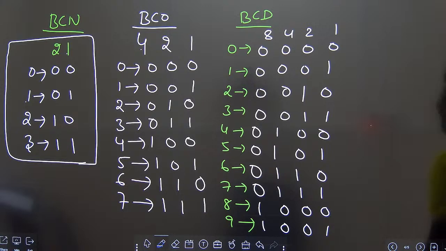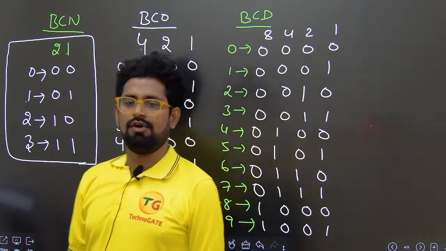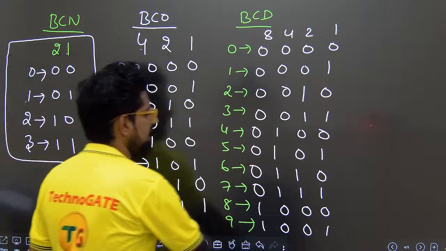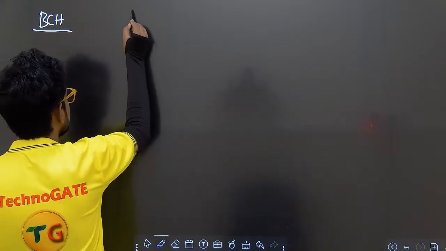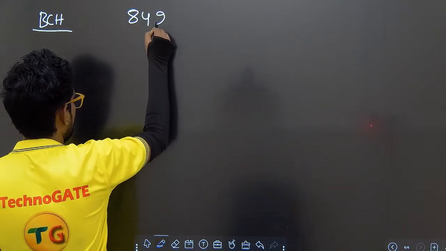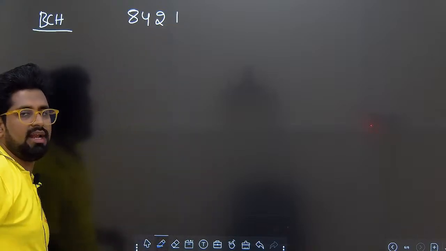Okay. Next, coming to the next code, which is BCH. BCH stands for binary code for hexadecimal. Okay. Now how to write this code? Let us observe. 8421, which is valid up to 15.